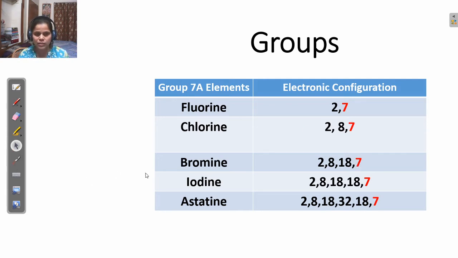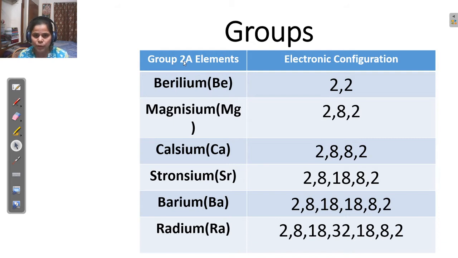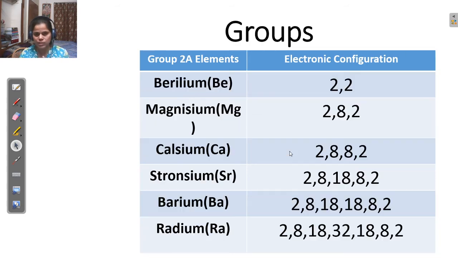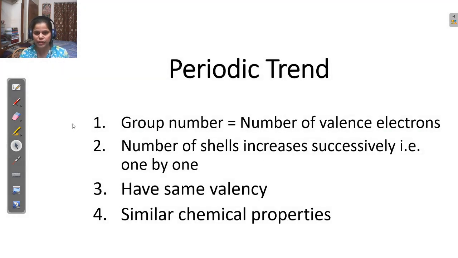Then the group number is 2 and the valence electrons are 2. The group number is 1, so the valence electron in group 1 is 1. So the first trend is that the group number equals the number of valence electrons.